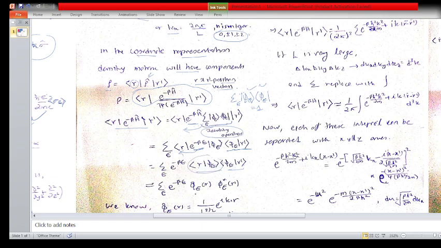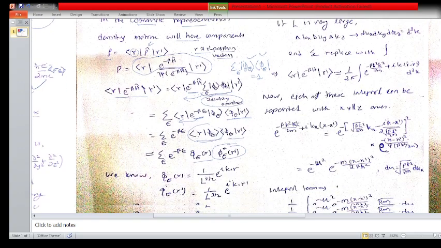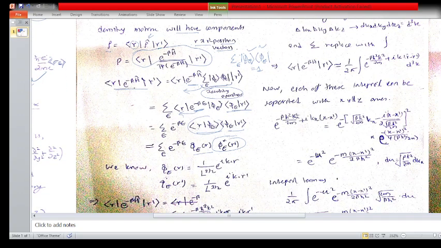This is nothing but phi e of r, that is the wave function phi with energy e at this position r. Similarly here, this is nothing but the complex conjugate of the wave function phi e at the position r dash. So that is the expression corresponding to r e raised to minus beta h r dash.